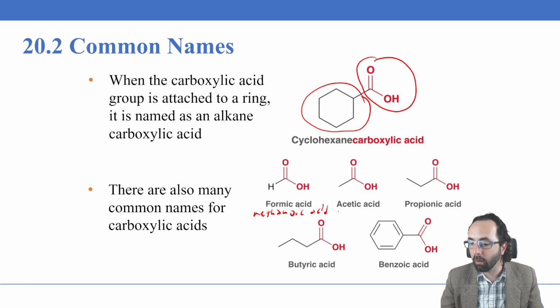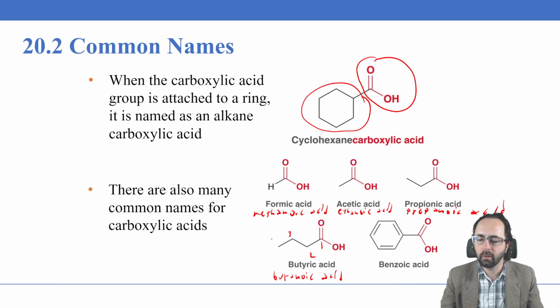Acetic acid would be called ethanoic acid by the systematic name, but it's very commonly called acetic acid. Propanoic acid is often called propionic acid. Butanoic acid is often called butyric acid. Butanoic acid, again, 4 carbons here.